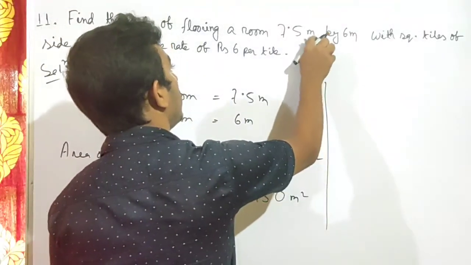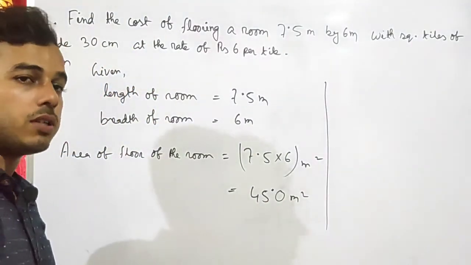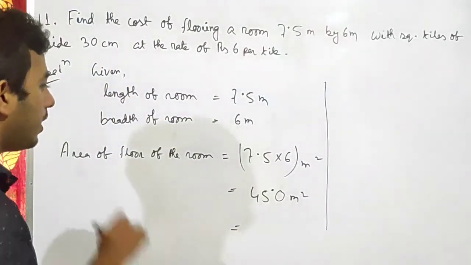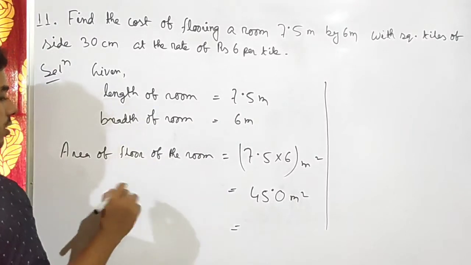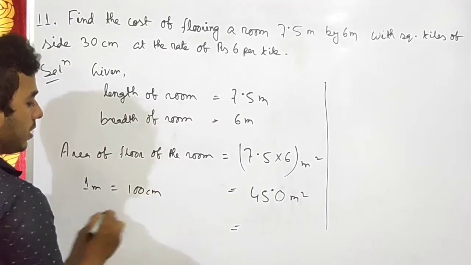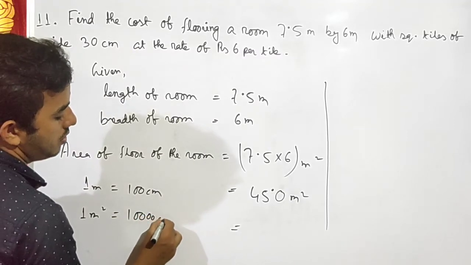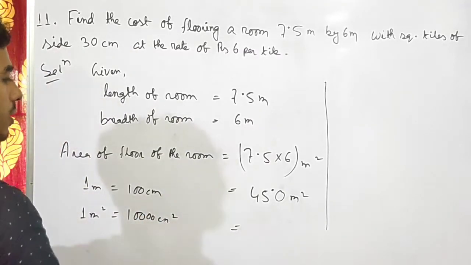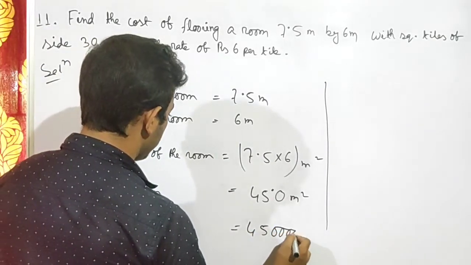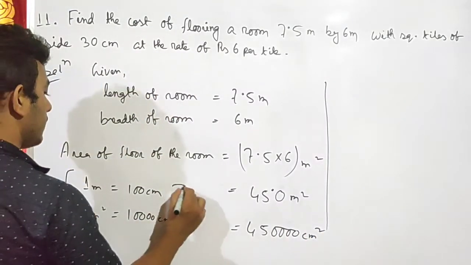So we have to convert this 45 meter square to centimeter square. 1 meter equals how much? 100 centimeter. So 1 meter square will be 10,000 centimeter square. So we have to multiply this with 10,000, so it will be 450,000 centimeter square.